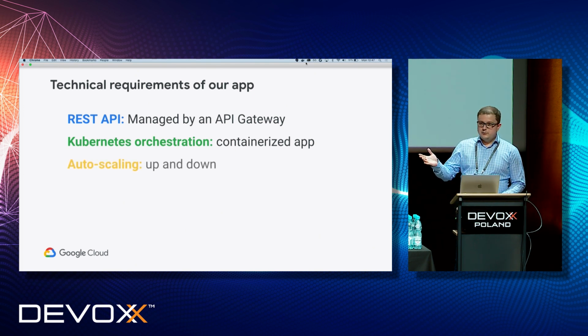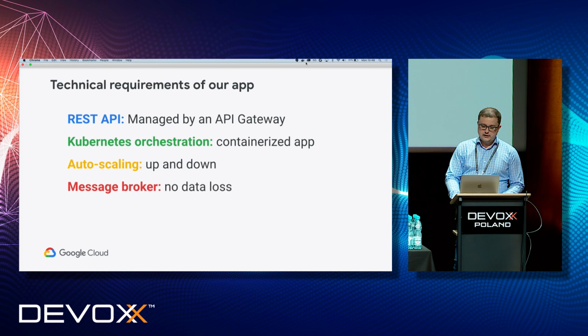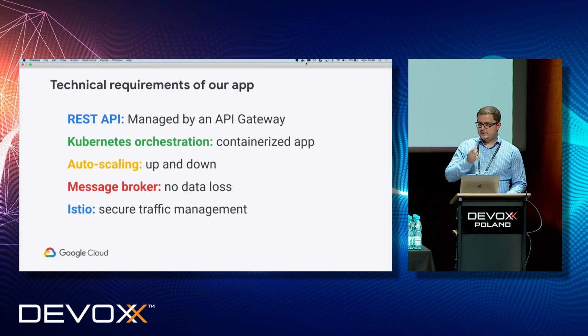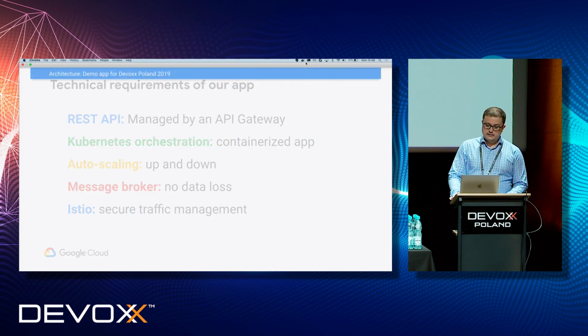So what we were talking about is to separate front-end and back-end from each other. We'll probably have a REST API to enable external systems to connect to our application. We wanted to have Kubernetes as the orchestration layer. We wanted to be scalable, so we want to scale up and down those layers independently. And for adding additional security to our ecosystem, we wanted to add Istio.